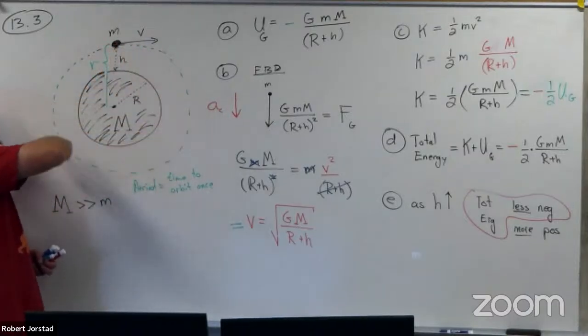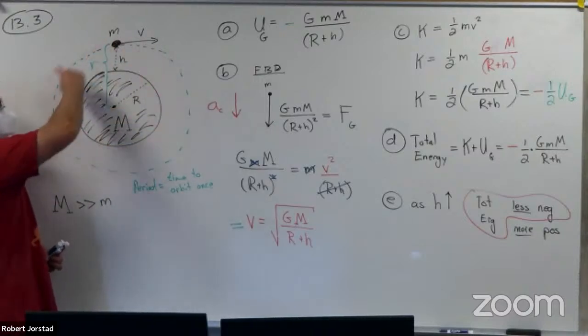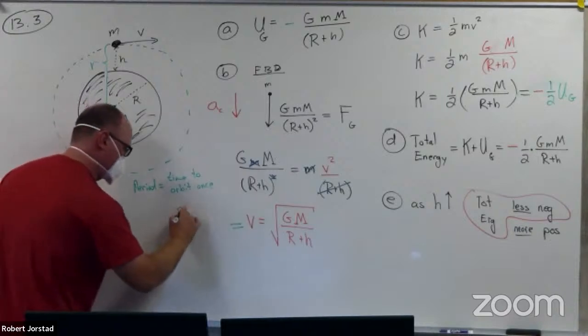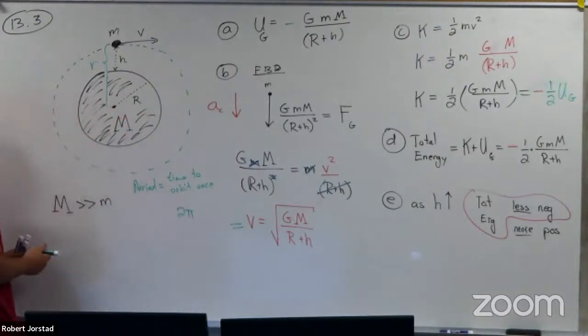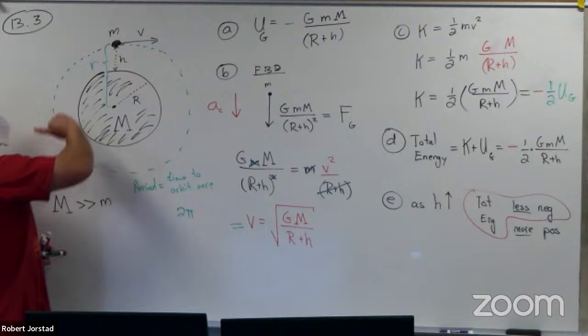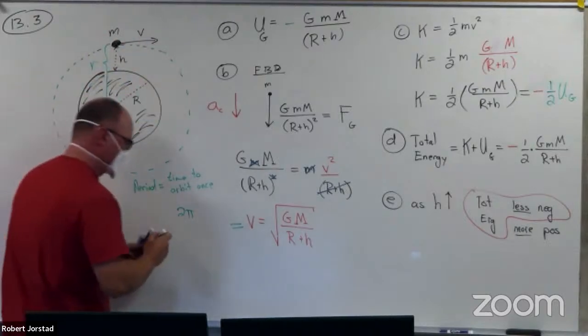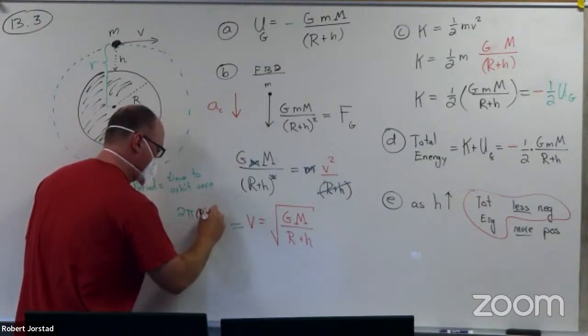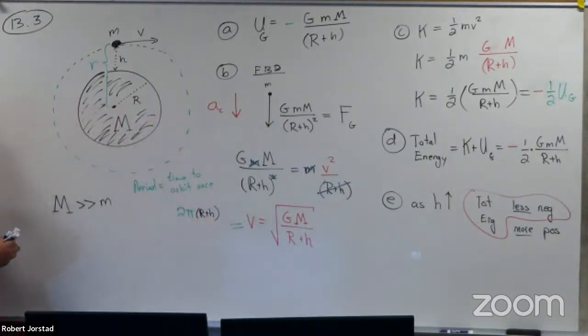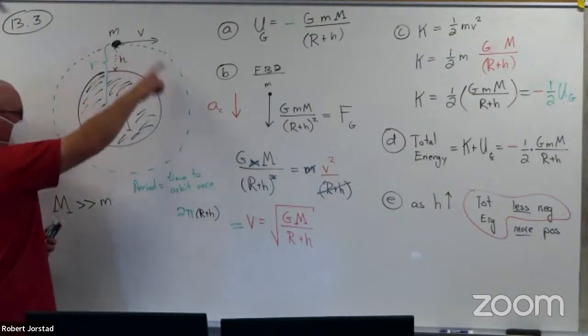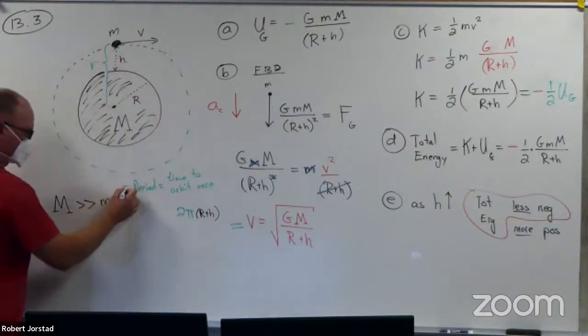Who is the roundest knight at King Arthur's table? Circumference is 2 pi, which r? Little r or big R? R plus h. Yes, big R plus h or little r. Okay. That's the meters. What's the time to go around once? What do we call that? The period.